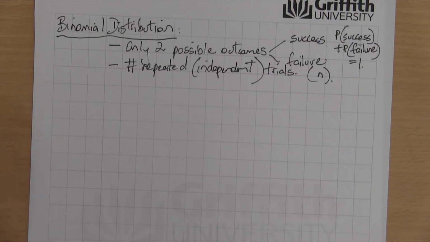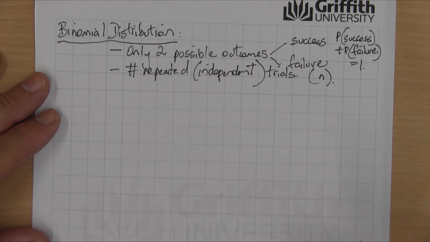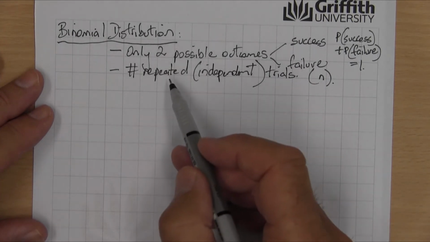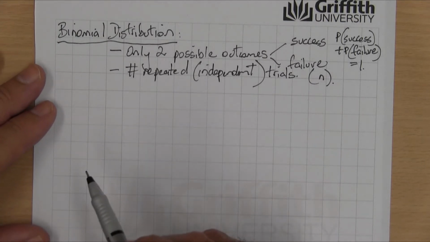So they are independent, it's repeated over and over again. So if you toss a coin 3 times, well, the number of trials being independent of 3 trials. So they are the main characteristics of what goes to make a binomial distribution.